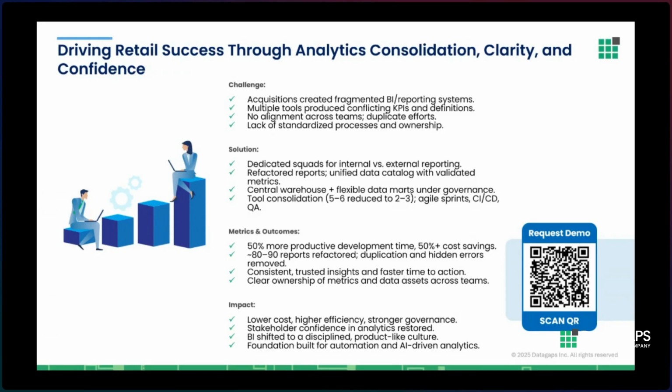So the tool consolidation was critical. They reduced from 6 business intelligence tools down to 2 or 3, which simplified their management. And they adopted agile sprints and CI/CD pipelines so that QA testing can happen continuously.